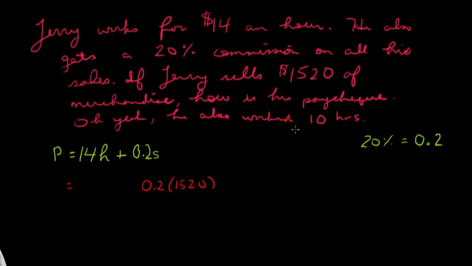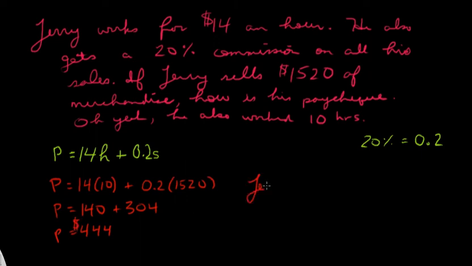It's going to equal that, and then we can add that together, 444. And we know that that's dollars, right? Not cents. So Jerry's paycheck will be $444 and no cents.